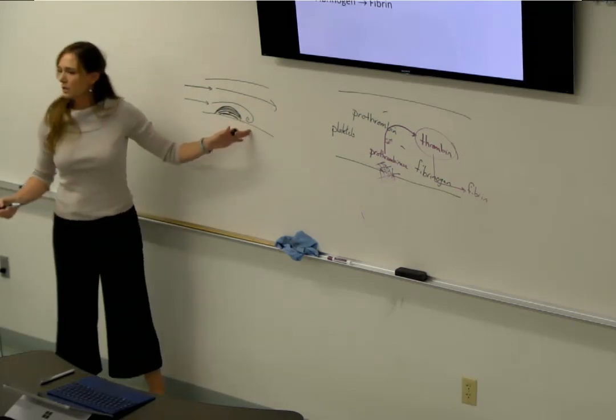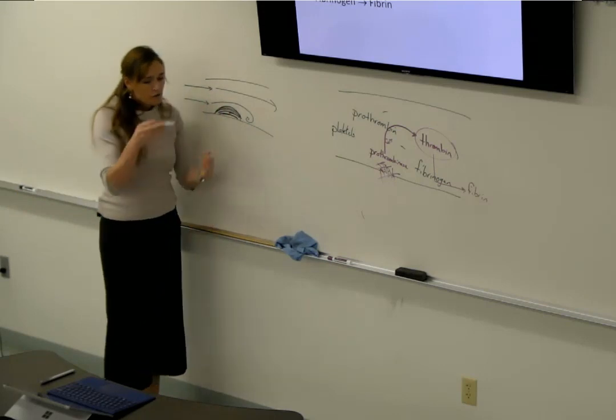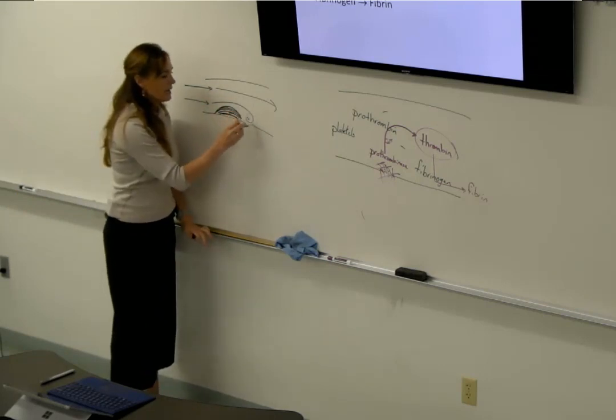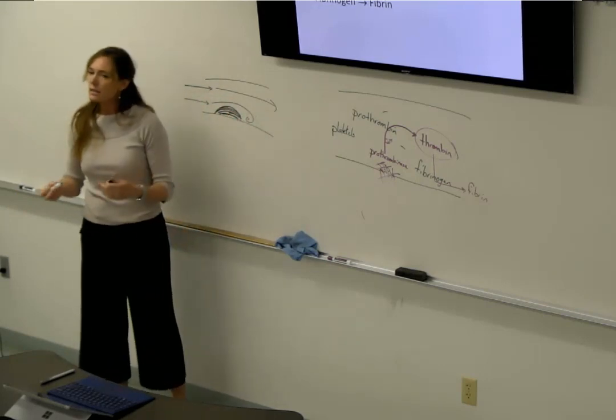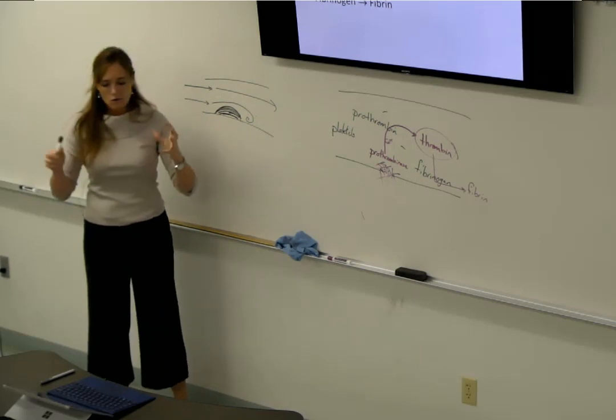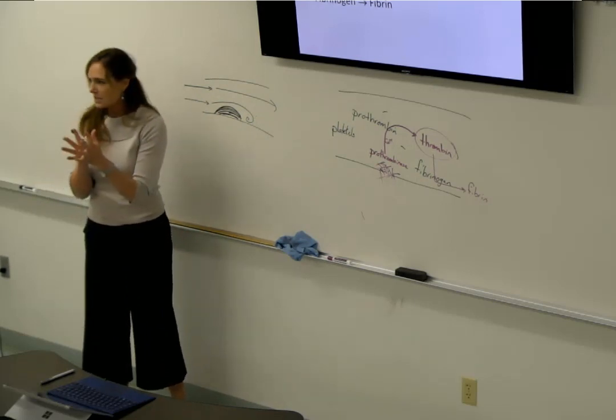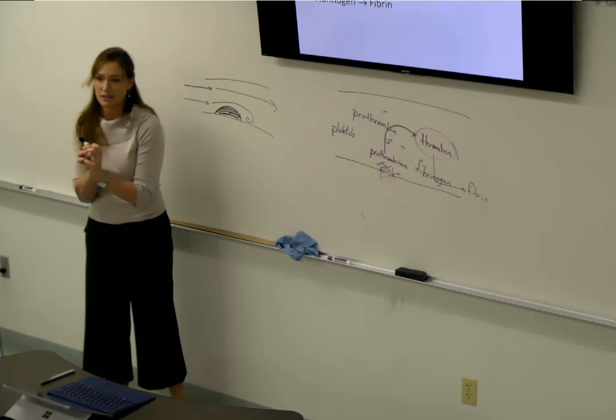Where you have turbulence, you're going to have slower flow, and so the little platelets in these areas of turbulence are more likely to bump up against each other and stick and activate each other.